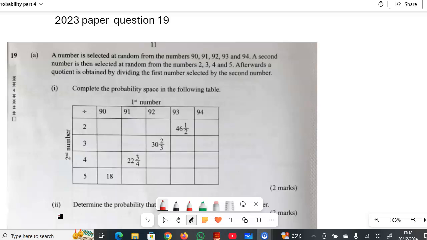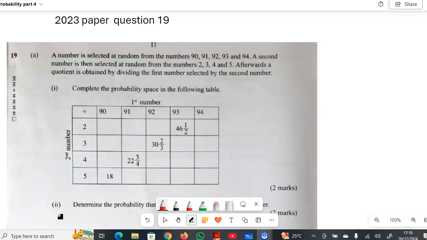A second number is then selected at random from the numbers 2, 3, 4, and 5. Afterwards, a quotient is obtained by dividing the first number selected by the second number. So you have the table here. We have been told to complete the probability space in the following table.